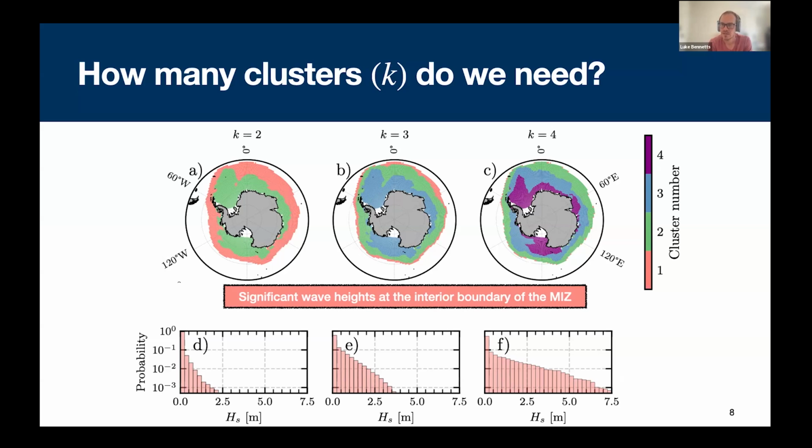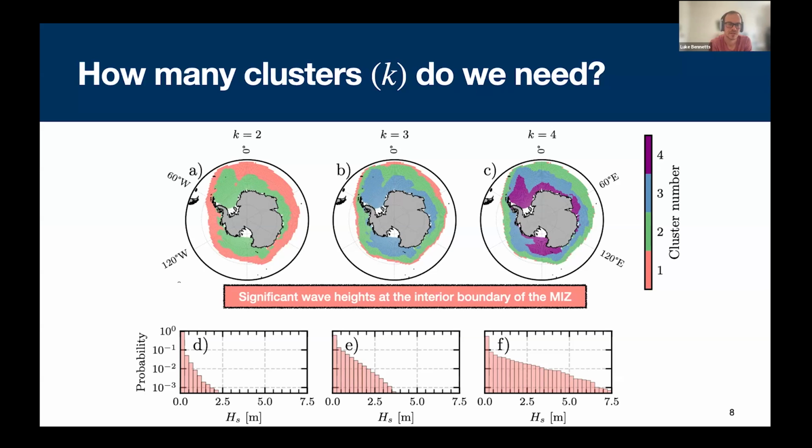We took the waves at the inner boundary of the red cluster, and we decided that what we wanted in order for that cluster to best represent the marginal ice zone is that occasionally we would get non-negligible waves reaching through to the interior of the marginal ice zone into the inner pack ice. And so the evidence that k is equal to 3 is best is represented by those histograms at the bottom.